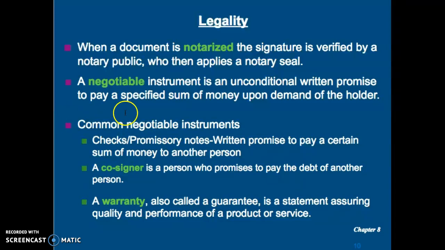They talk about a negotiable instrument in 8.2. This is a written promise to pay. So a check would be considered a negotiable instrument, as would a promissory note, which is similar to a check. And then they talk about a cosigner as well, because if you choose to go into a legally binding agreement and you promise to pay with a cosigner, that person is responsible for your debt.